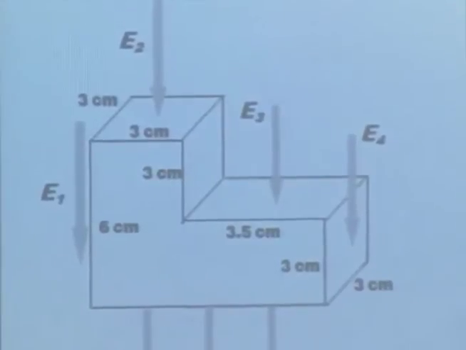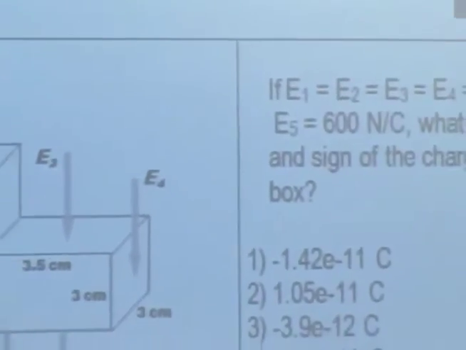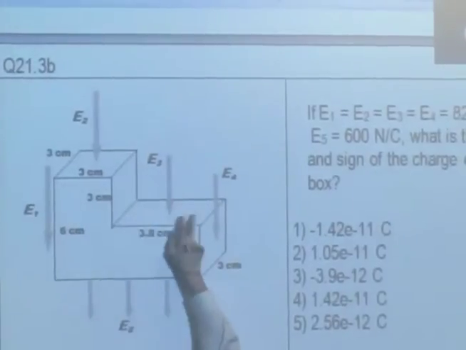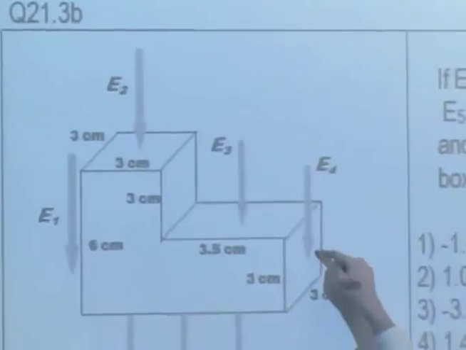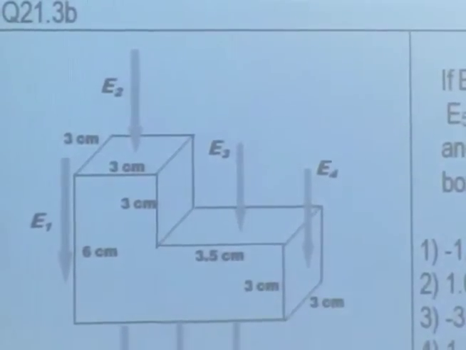And you're given several different electric field values. This is E4, so we have E1 on the left side, E2 on the top, E3 on this intermediate top here, and then E4 on the right, E5 on the bottom.